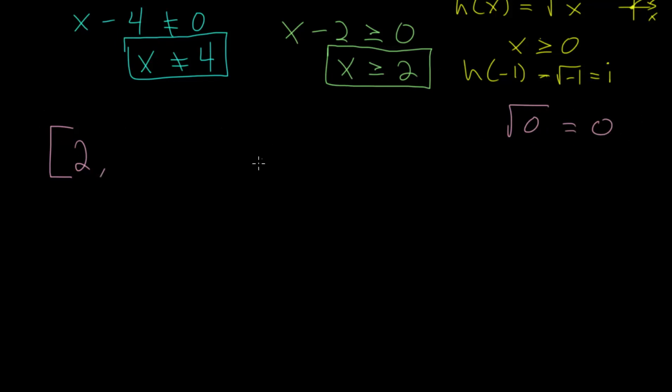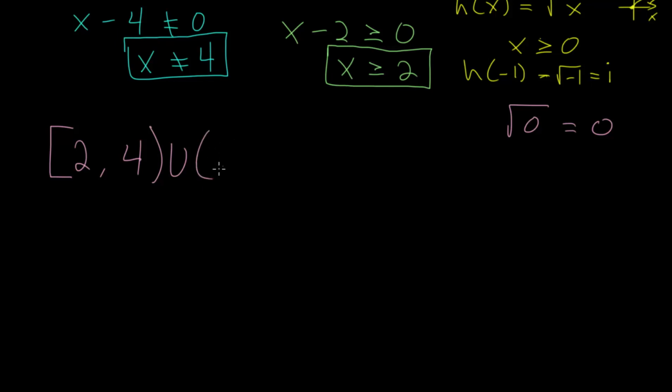Then we'll go to the next highest value before we have an issue, which is 4. We won't include 4 since when x is actually equal to 4, we get division by 0. So in that case, we'll use parentheses indicating that 4 is not included. Then we use a union, basically a fancy way of saying "and" in mathematical notation.